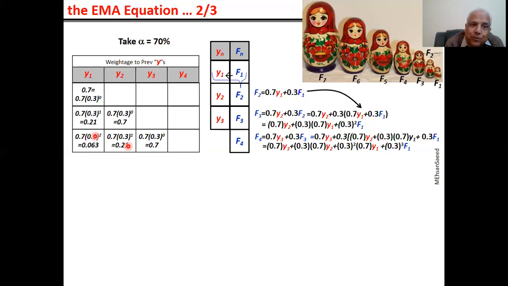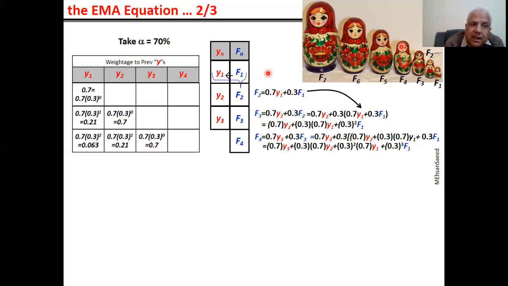This is precisely what is happening here. This was the smallest doll. Then it entered into the next doll. It became a part of Y2. Then these two dolls became a part of this lady over here. Exactly, this doll becoming a part of this doll. Then these two dolls becoming a part of this doll. Then these three dolls becoming a part of this doll.